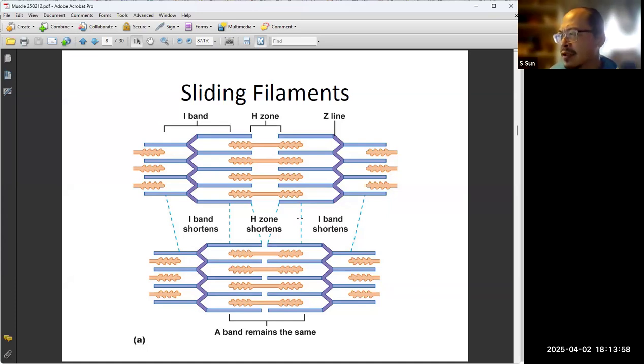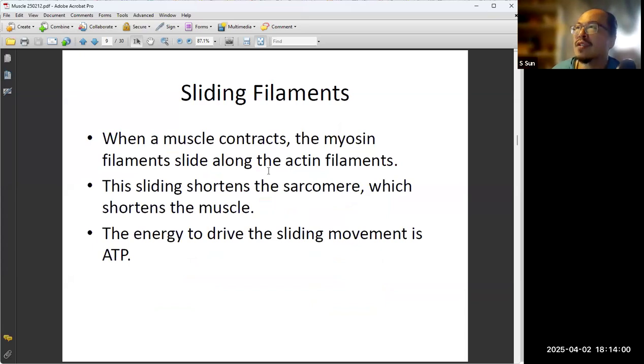The next thing that we need to know is this one here. Sliding filaments: when the muscle contracts, meaning that it becomes shortened, that is when the muscle is doing the work. It becomes shortened, and then the bone is going to get pulled. What happens is that the myosin thick filament is sliding along the actin thin filament.